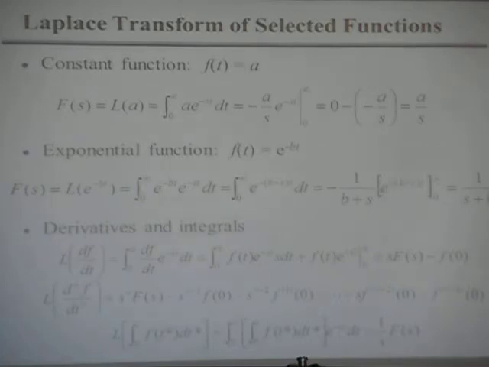Now, if you have a book, and you'll need a book at some point, I believe it's table 3.1 in your book, you'll see that this table has many entries. I think it's almost 2 full pages. On this side are various functions of time, and over here, the corresponding Laplace transforms of those functions.